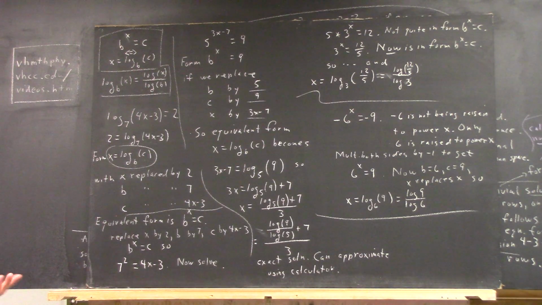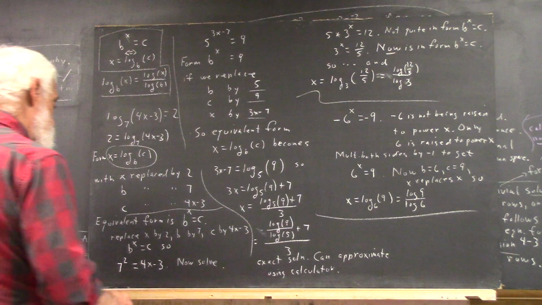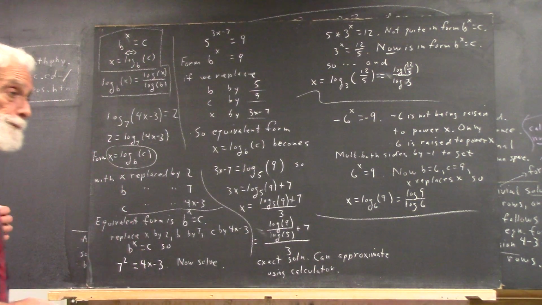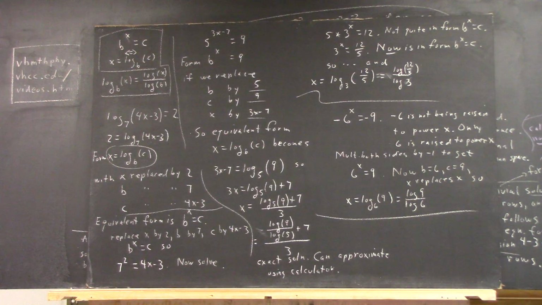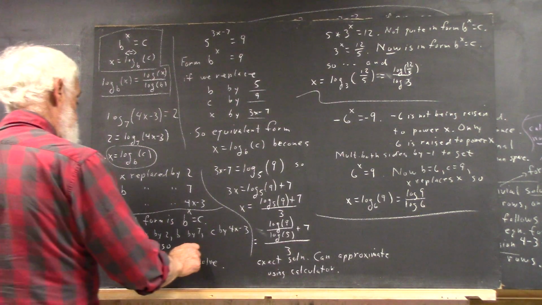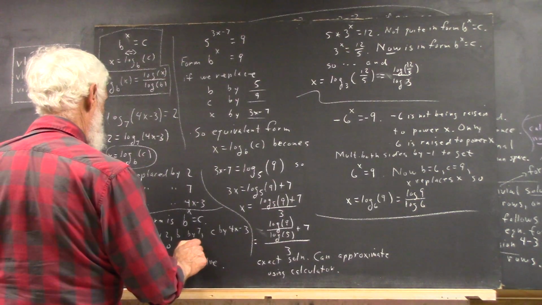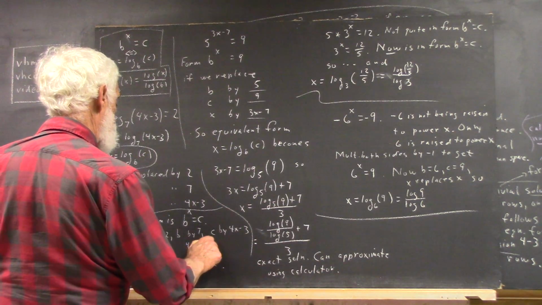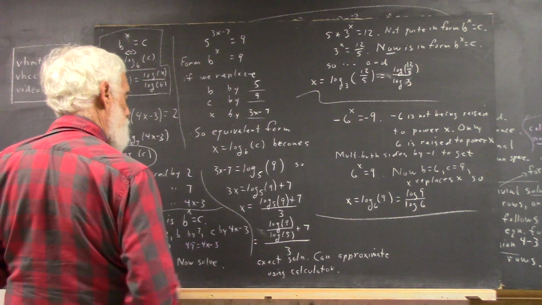Now I don't think I wrote out the solution, but very quickly: 7 squared is 49, so we get 49 equals 4x minus 3.